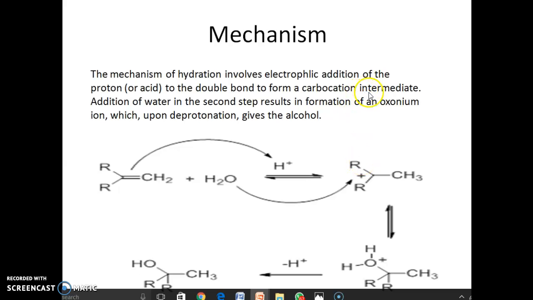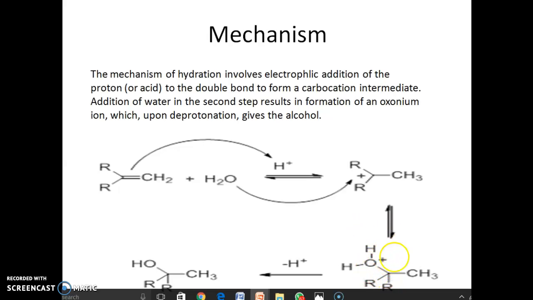This carbocation intermediate, in the second step, undergoes addition of water, resulting in the formation of an oxonium ion. So the oxygen in water gets attracted by the positive charge of the carbocation, that is the carbon atom, and in this way it leads to the formation of the oxonium ion, where the oxygen, being more electronegative, donates electrons to the carbocation carbon.